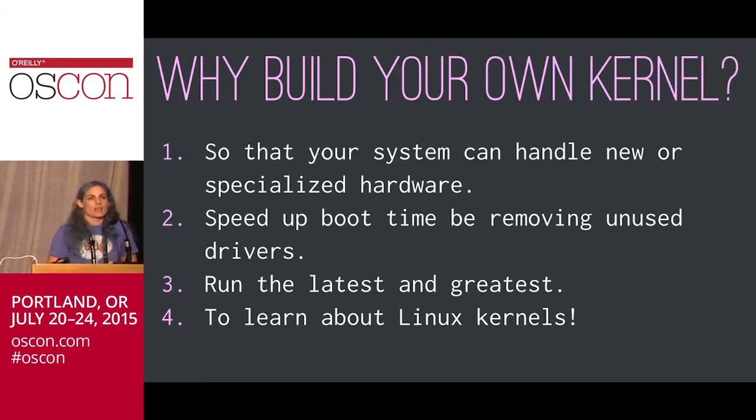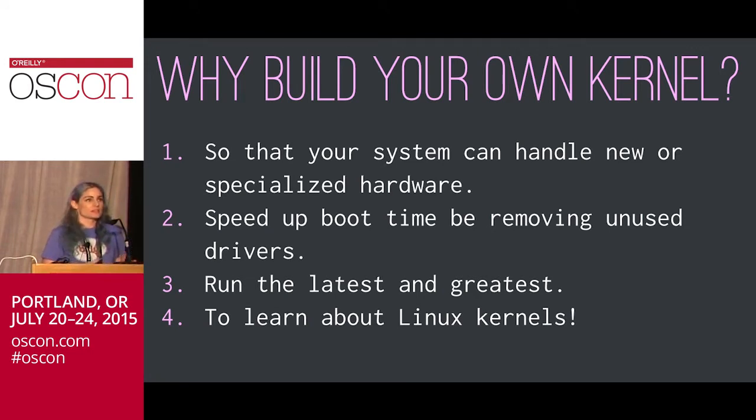So we're going to go ahead and learn how to configure and build our own kernel. One of the ways that makes Linux as an operating system really flexible is that you can take more control over how it runs. And one of the ways to do that is to keep it updated by configuring and building the newest versions of the kernel as they become available. There are a few reasons why you might want to do this. Firstly, so that your system can handle new and specialized hardware.